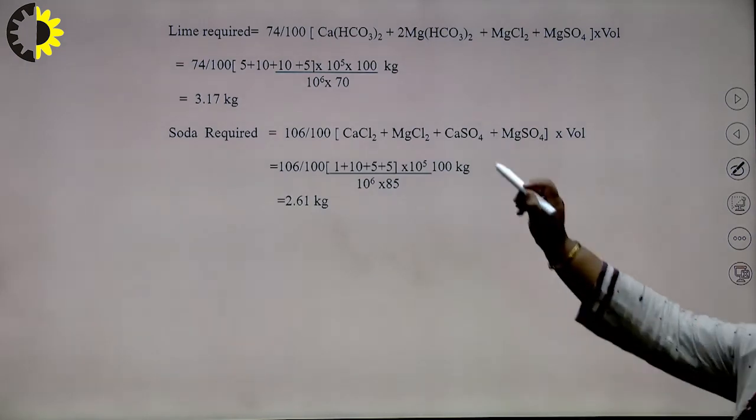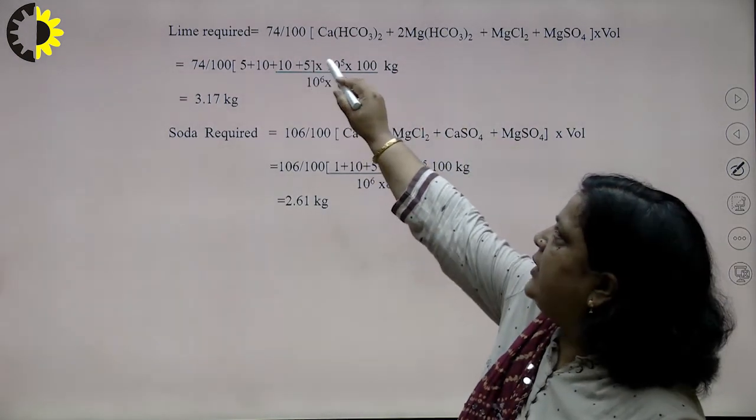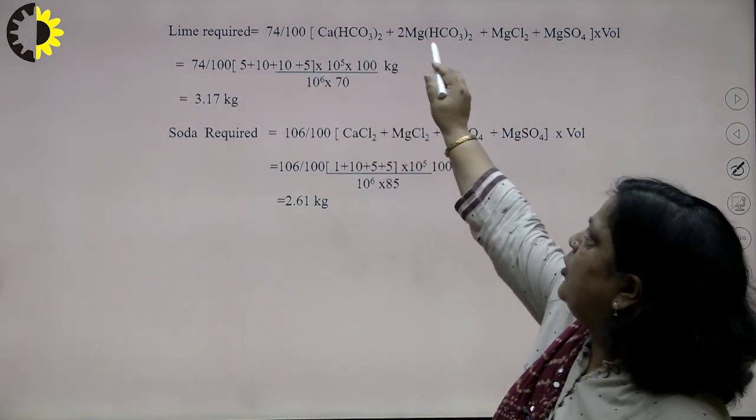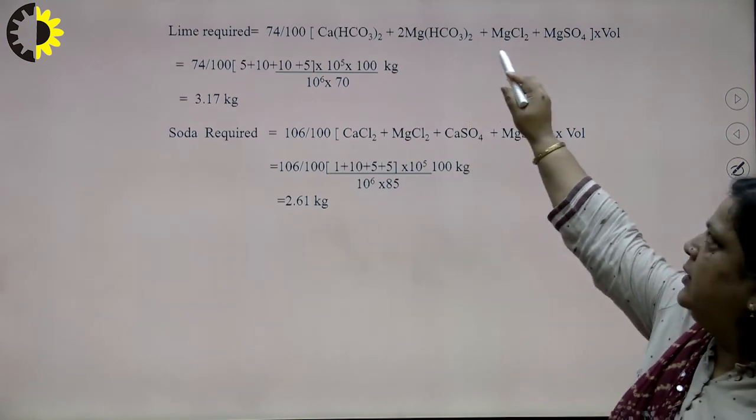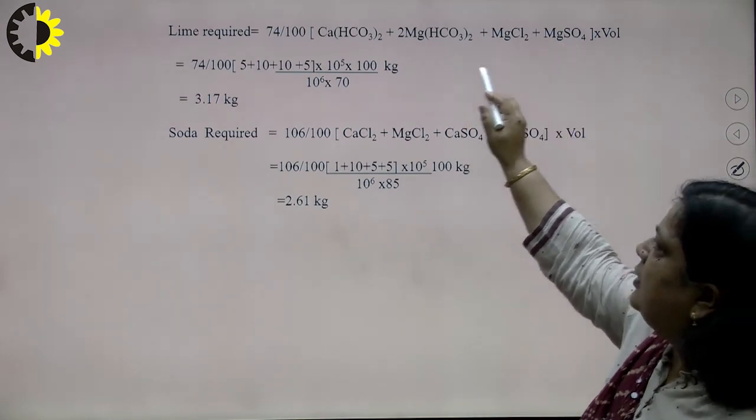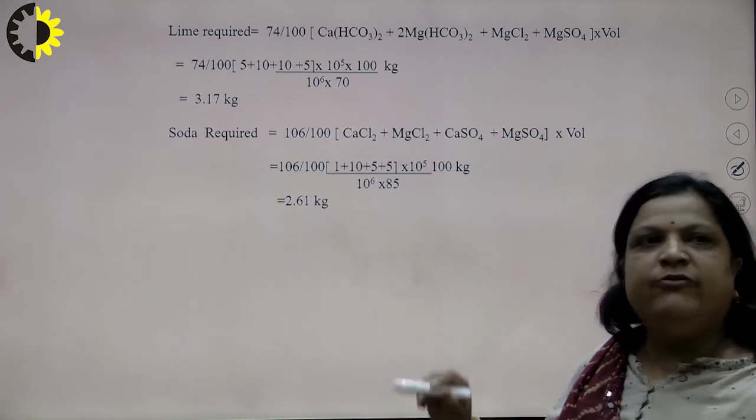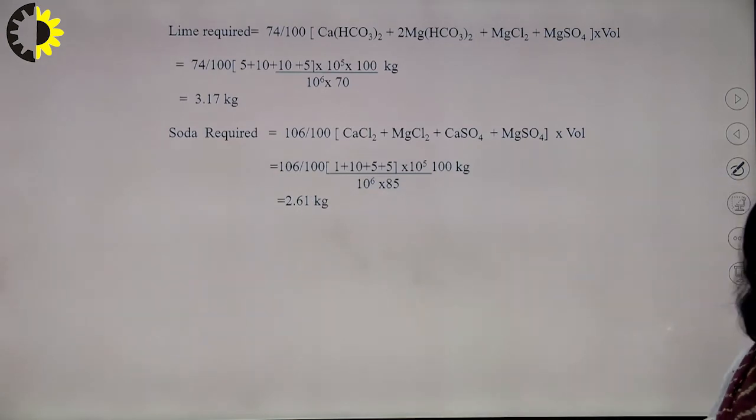Now the lime required is 74 upon 100, calcium bicarbonate, 2 into magnesium bicarbonate, MgCl2 and MgSO4. These are the values. So we can find easily. Clear?